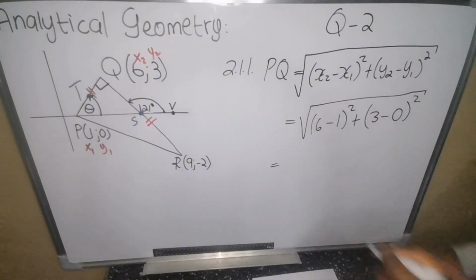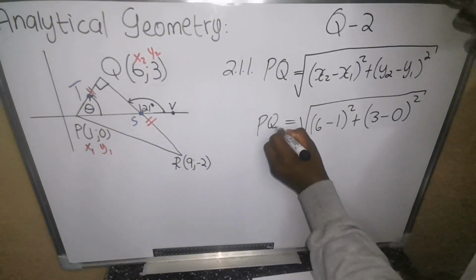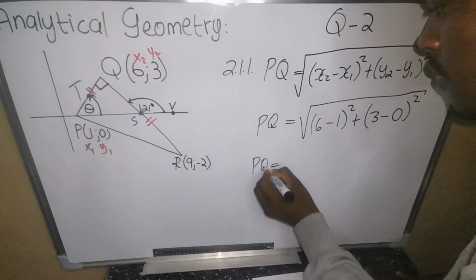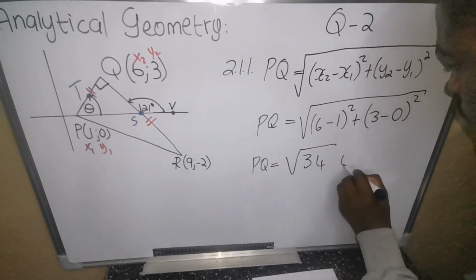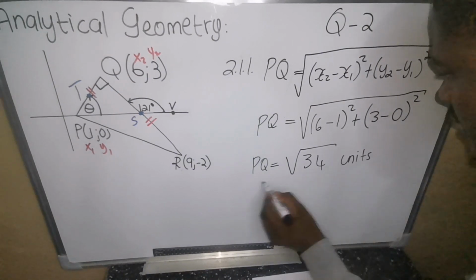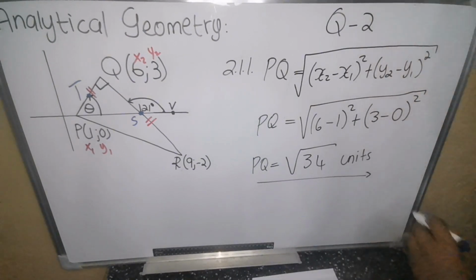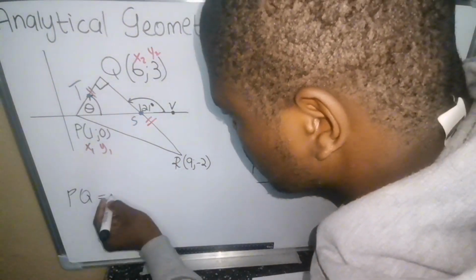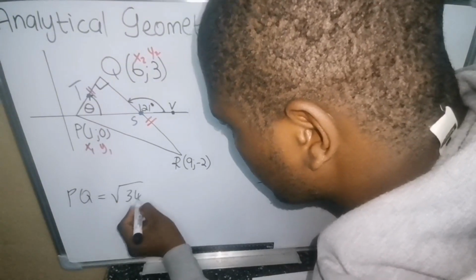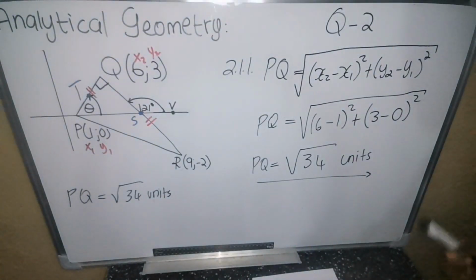Then you put the whole thing inside the calculator and it's going to give you root 34 units. This is the answer for the length of PQ. So PQ is equal to square root of 34 units. That's how you write the answer for that question.